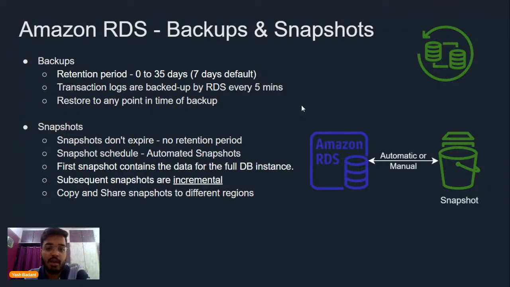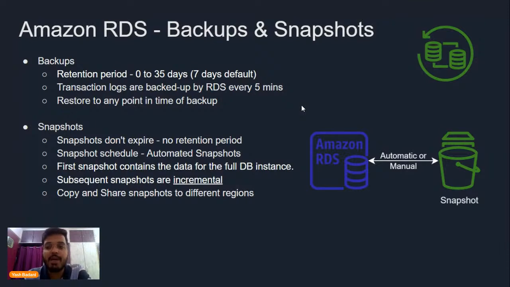Snapshots do not expire, as I mentioned, and they have no retention period either. You can schedule your RDS instance to snapshot automatically every day, or every few hours, and we call them automated snapshots. Okay, and these snapshots are stored in S3, as you can see here in the picture representation.